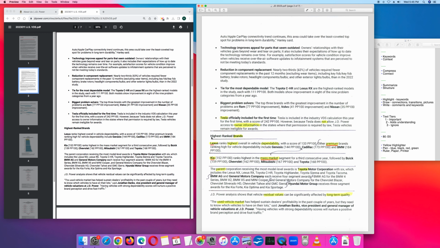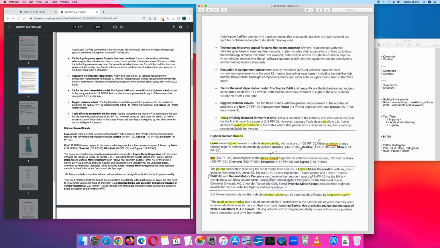I would have put highest ranked brands, heading, underneath that, heading 1 would be overall, Lexus number 1. Second heading, I would put premium brands. Number 3, I would put Kia, mass market. And then I would actually even maybe mention that comment that the mass market ones were actually relatively higher ranked when you compare it to the premium ones.